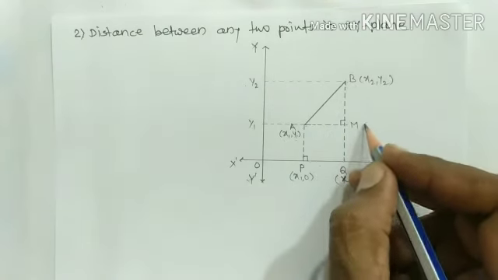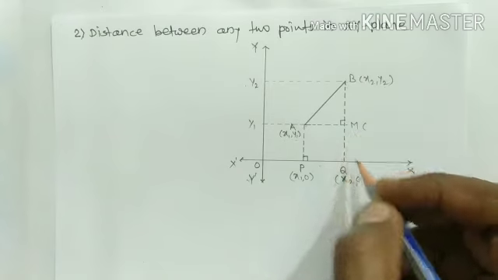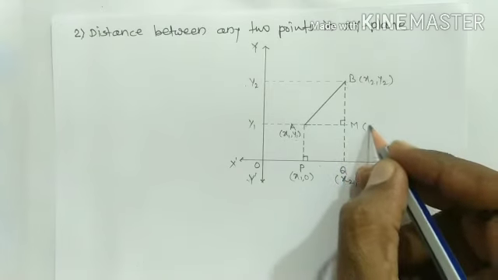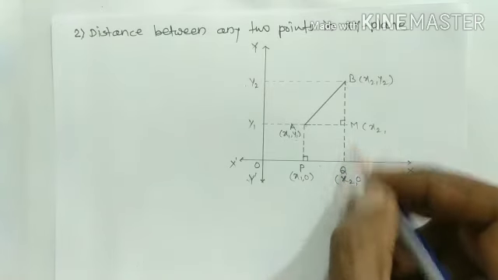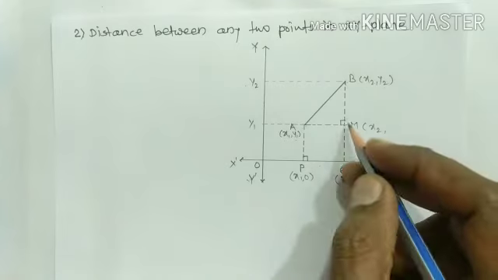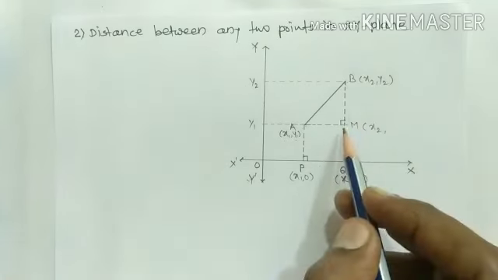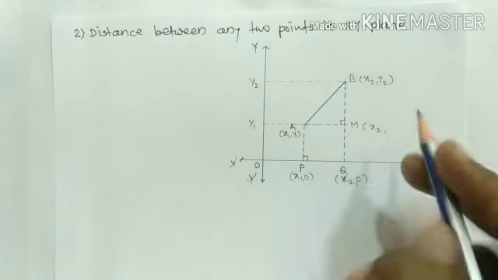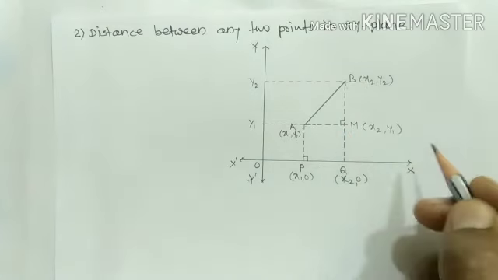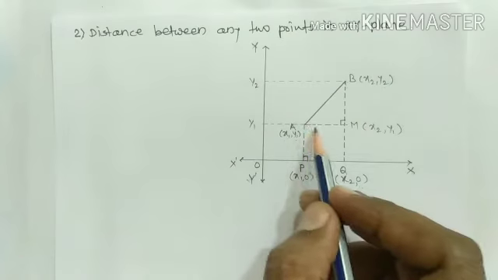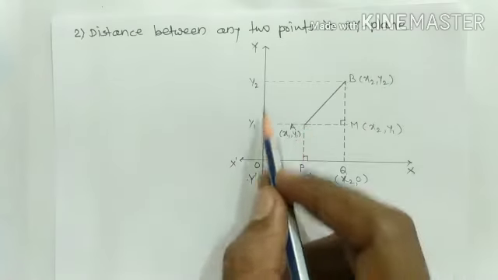Here the x coordinate of point M is x2 because point M is on segment BQ, and the y coordinate of point M is y1 because it is on the perpendicular drawn from point A to the y-axis.